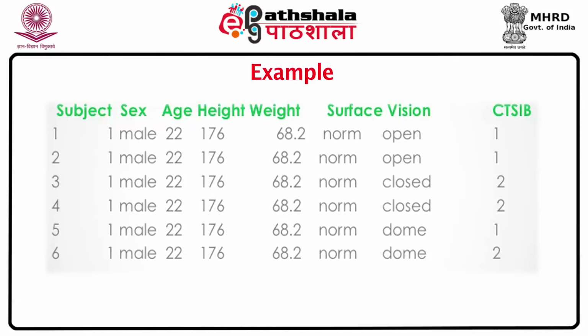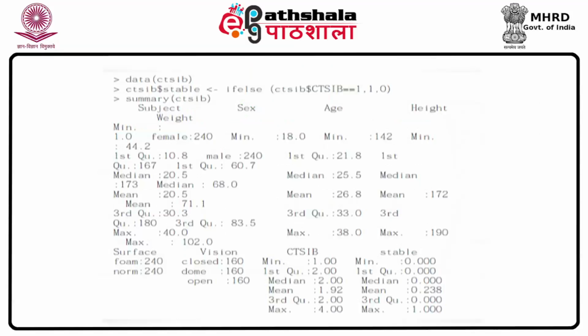Now note that there are multiple observations per subject, and we can expect these observations to be clustered in the sense that repeated observations on the same subject will tend to be more similar. So to begin with, instead of looking at my 4-point balance, let me dichotomize this and create a binary variable.